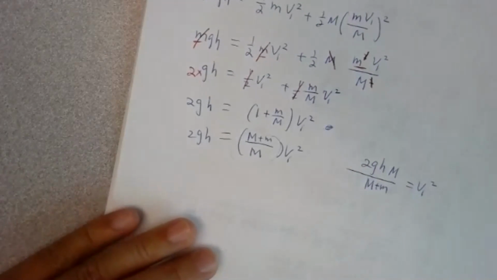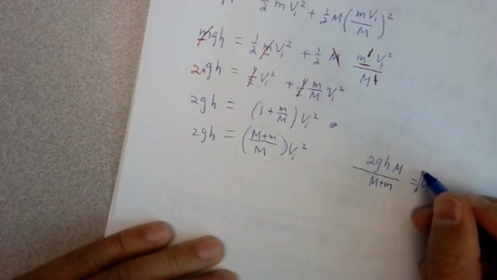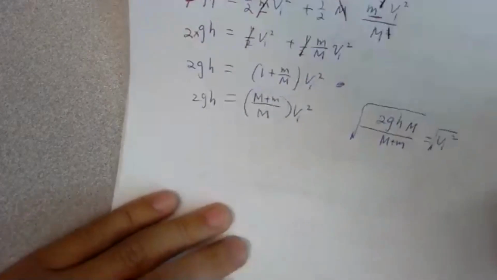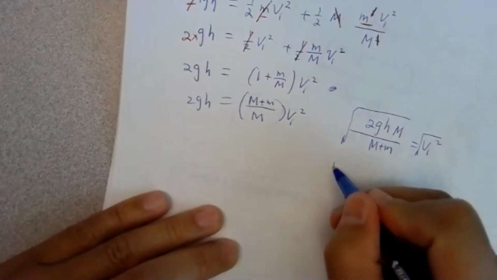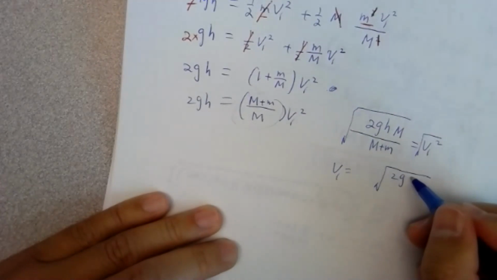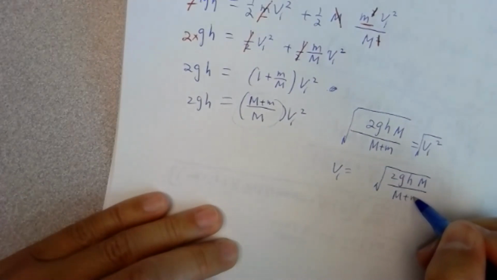Okay, so then for v1 here, you'll take the square root of it, right? And then take the square root of this guy. So you will figure that v1 is equal to square root of 2gh times capital M over capital M plus small m.